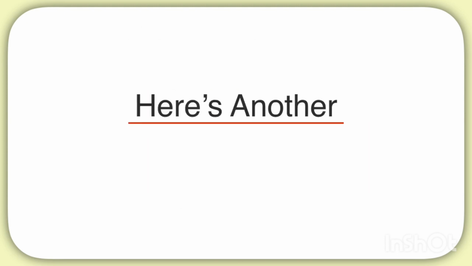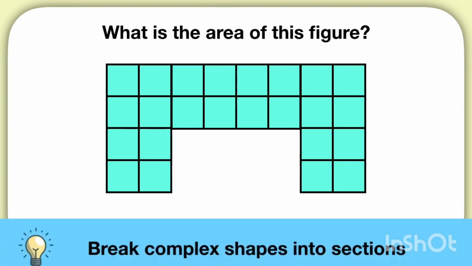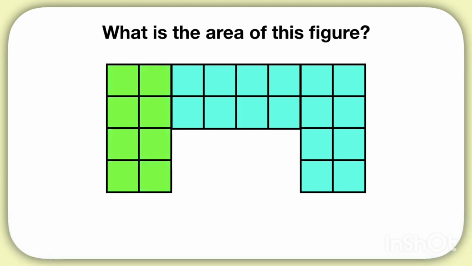Here's another problem to practice with. What is the area of this figure? My advice when you're dealing with a complex shape like this is to break it into sections so it's easier to count. We could first focus on this green section right here. How many unit squares are in the green section? You can see there are 8 unit squares in the green section.